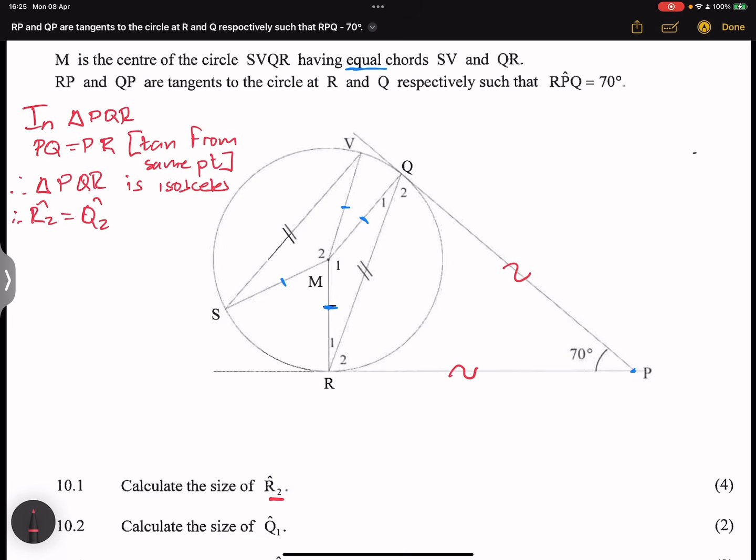And in this case, why is that? These are base angles of an isosceles triangle.